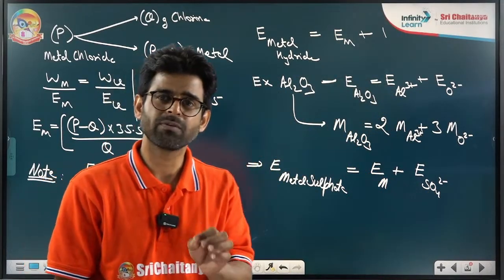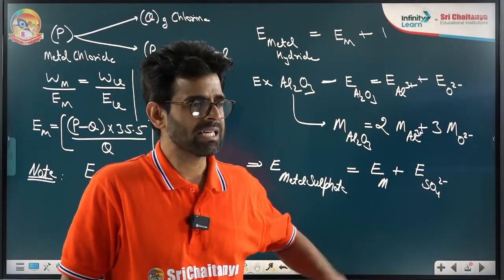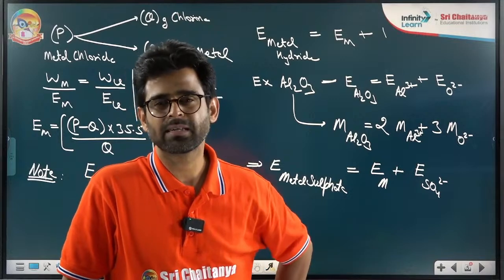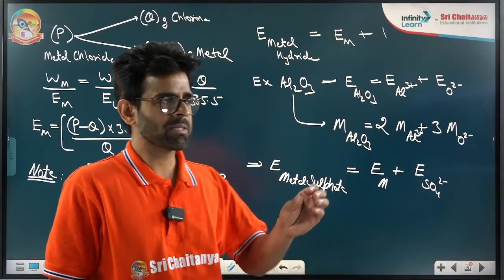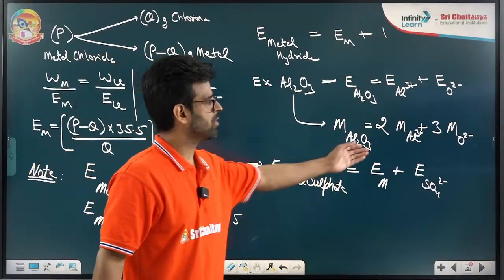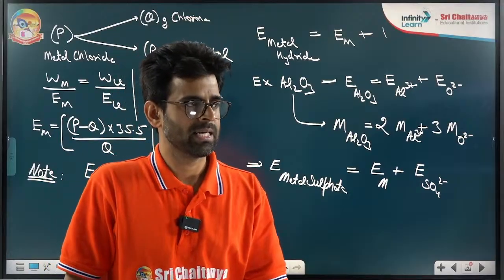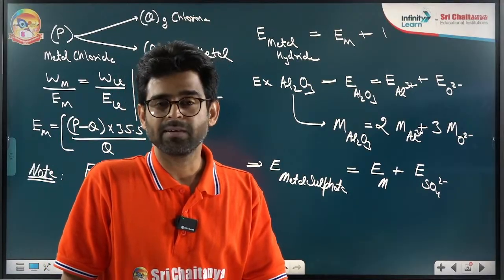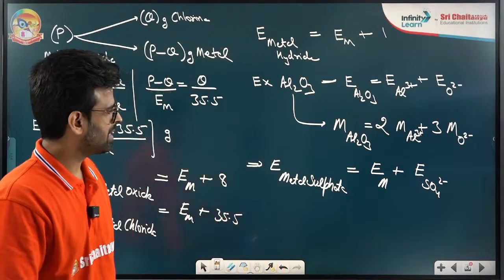Again, coefficients will not come in finding the equivalent weight. We will clarify it in the next point also. I will take more examples to clarify. The main thing I am explaining here is that the coefficient will not come. I am taking one example and we will try to understand it.